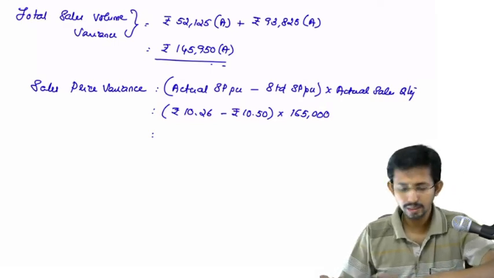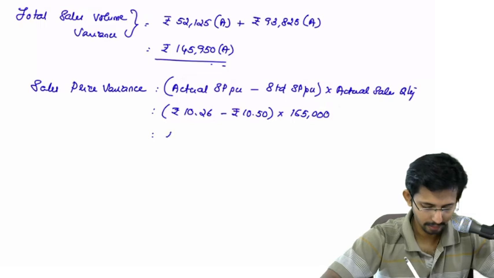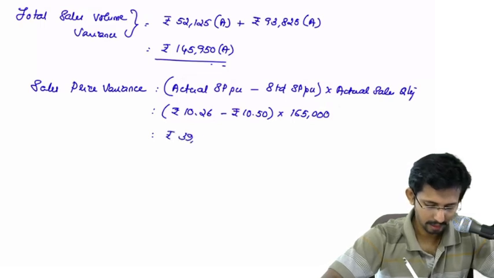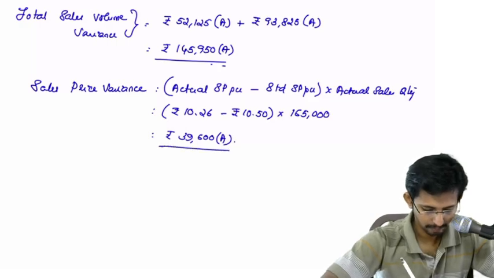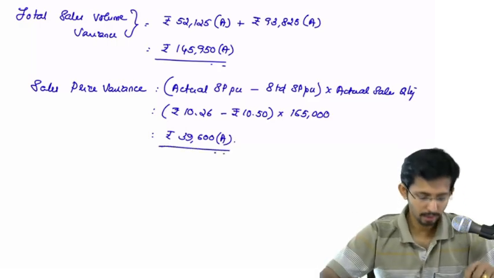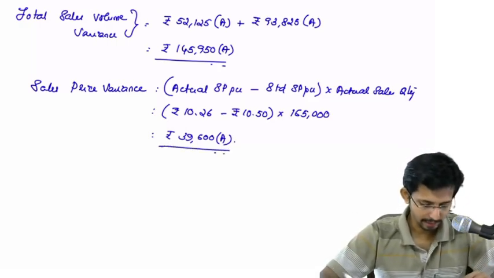That will give you 39,600 adverse. Okay. So that is sales price variance.